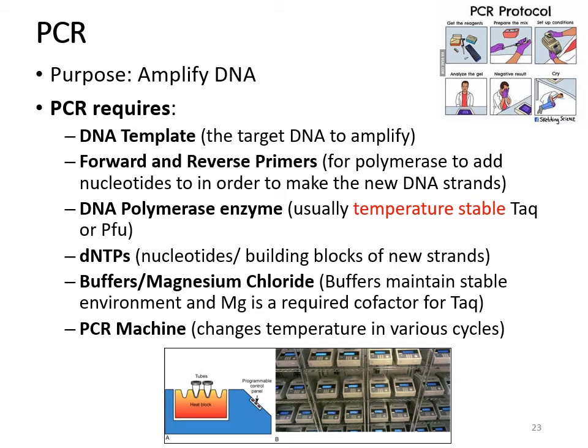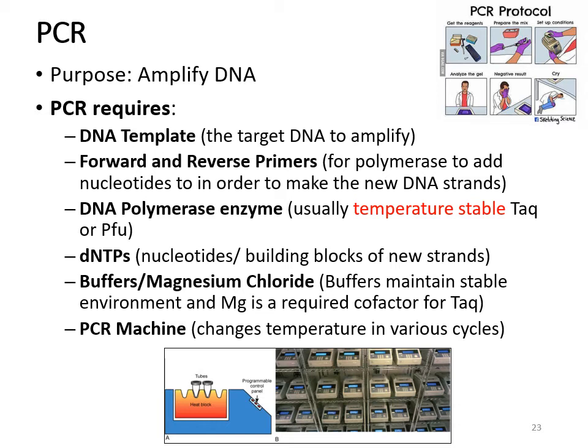Okay, you'll have the DNA polymerase itself, which is the enzyme that will build the copies of DNA. And it has to be temperature stable, because during this process, you're going to be using a machine that goes to high temperatures to denature the DNA, so the enzyme has to survive that.